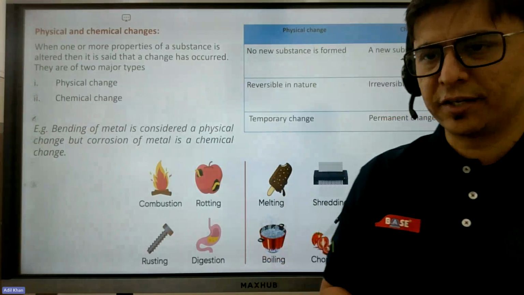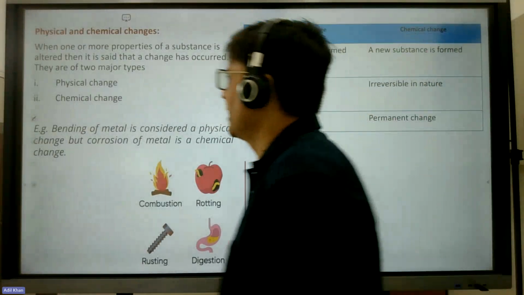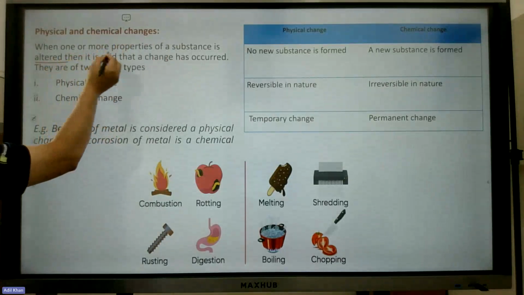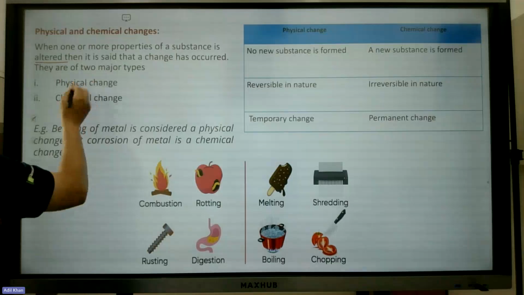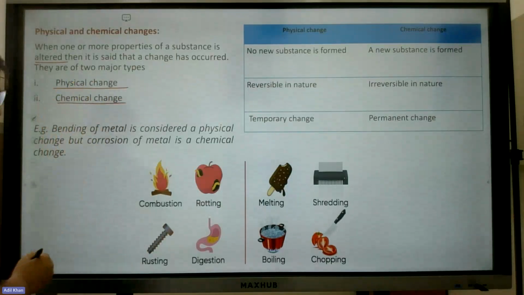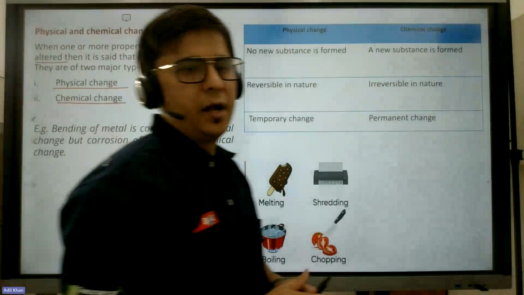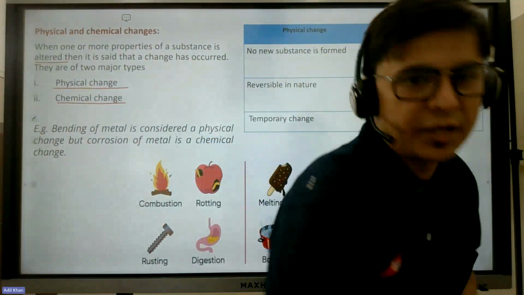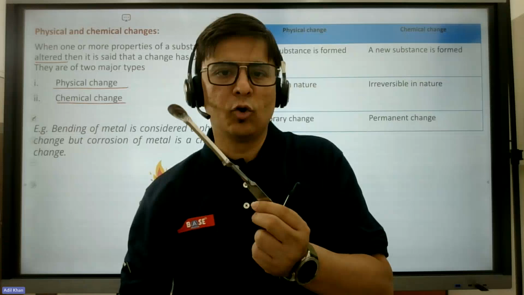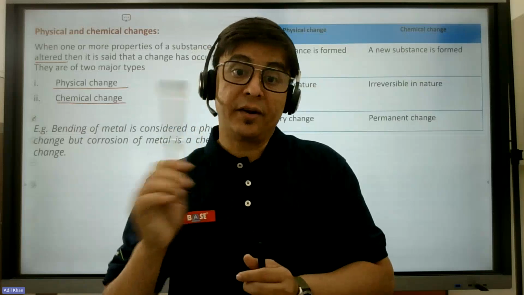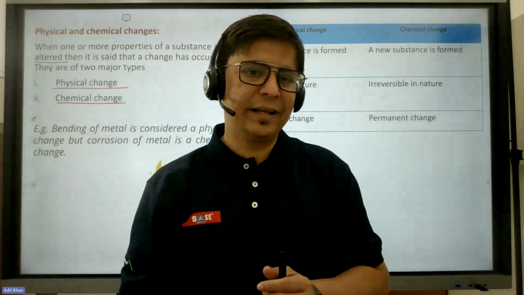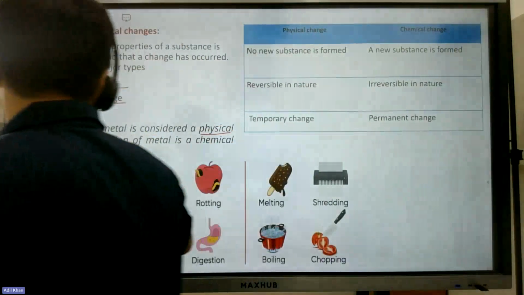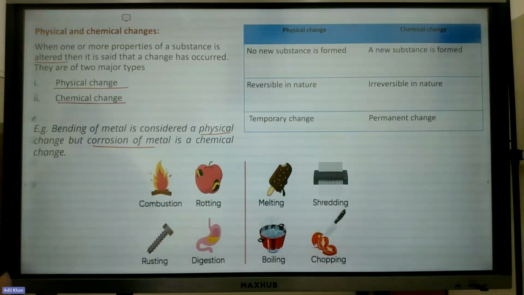Physical and chemical change: when one or more properties of a substance are altered, it is said that a change has occurred. Just now I exhibited by bending the spatula, it is a physical change. But when this spatula, suppose it is made up of iron, undergoes rusting or corrosion, then that rusting and corrosion is a chemical change. Bending of metal is a physical change, whereas corrosion or rusting is a chemical change.